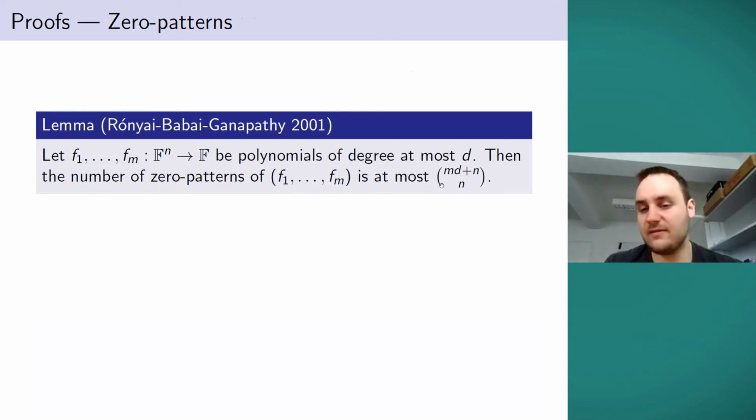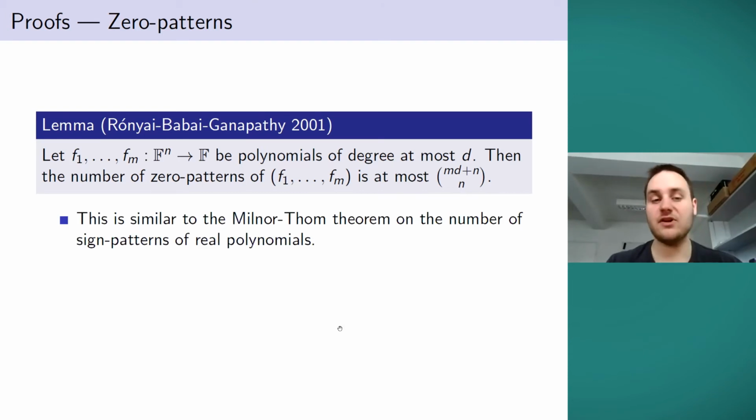The important thing about this function is that if we fix n, then it grows as a polynomial of degree at most n.